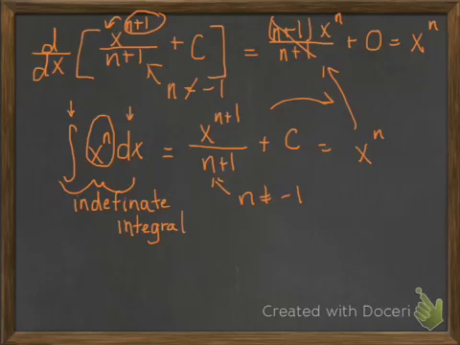Now, this is all good, but let's look at an example to see exactly what I mean by this. So let's take the indefinite integral of, say, x to the 4th power dx. Okay, so what we're going to do here is, of course, use that same formula. We had x to the n plus 1, which is 4 plus 1, which is 5, over n plus 1, 4 plus 1 is 5.